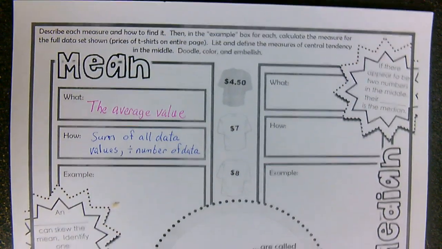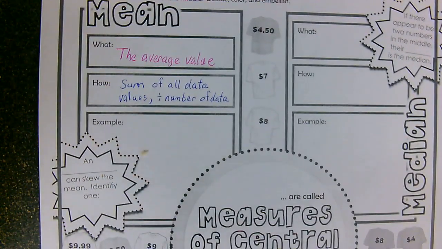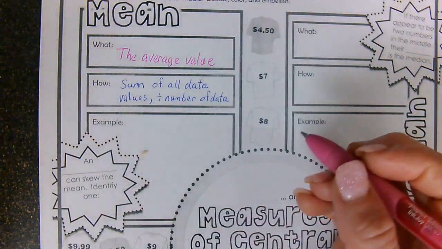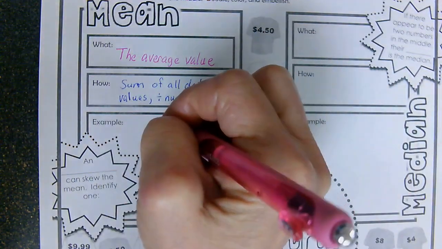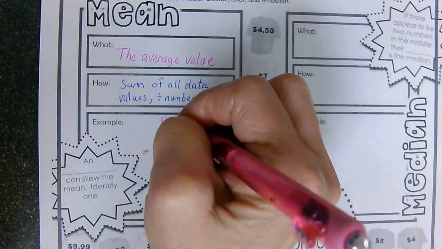Okay? Now let's look at an example of this. And an example of this could be, for instance, 94.98, right?